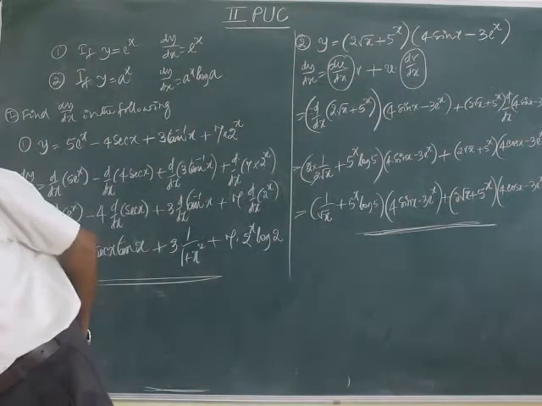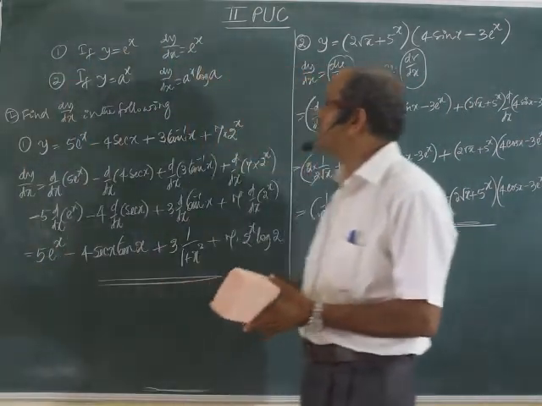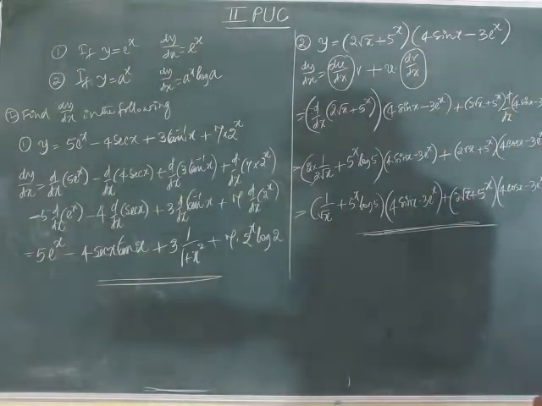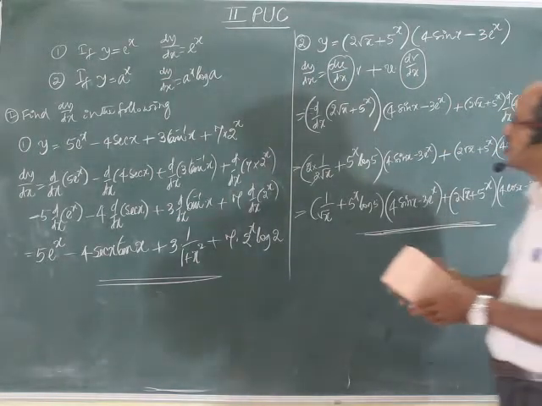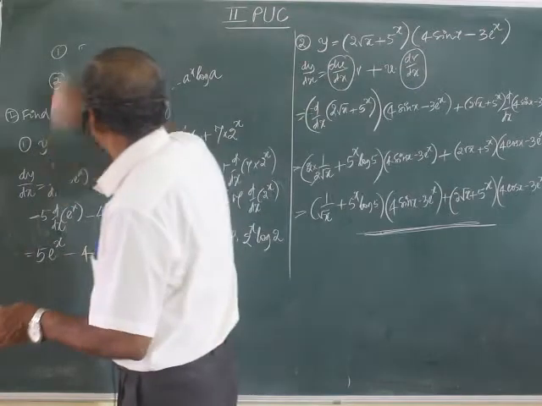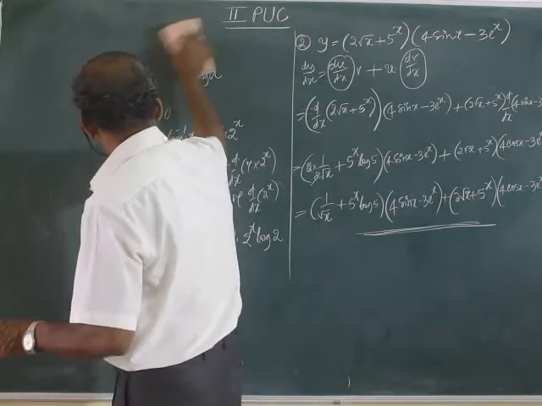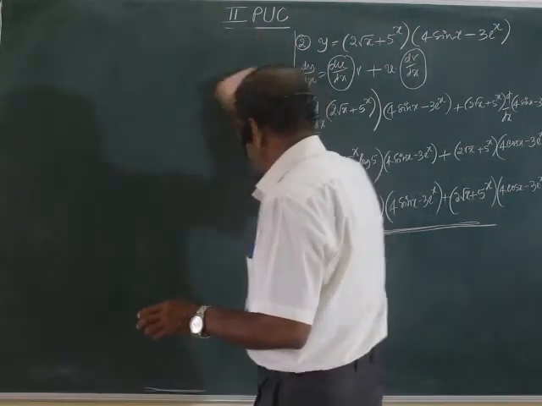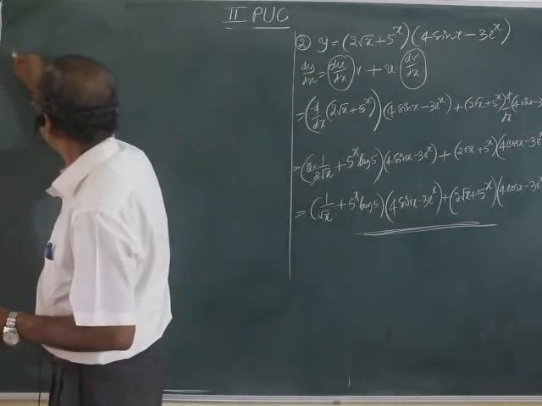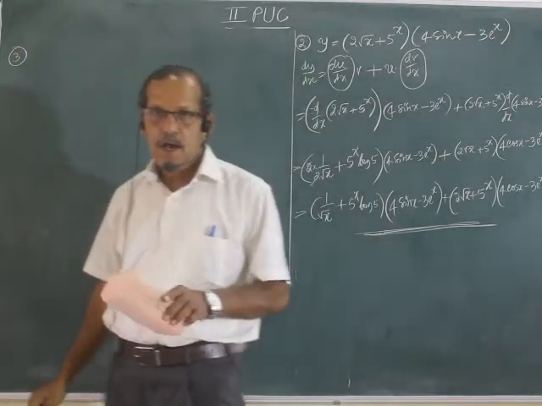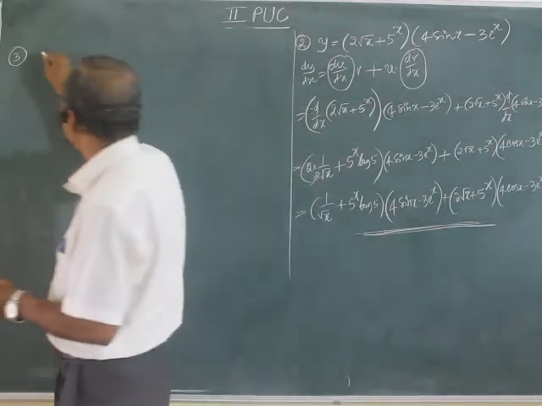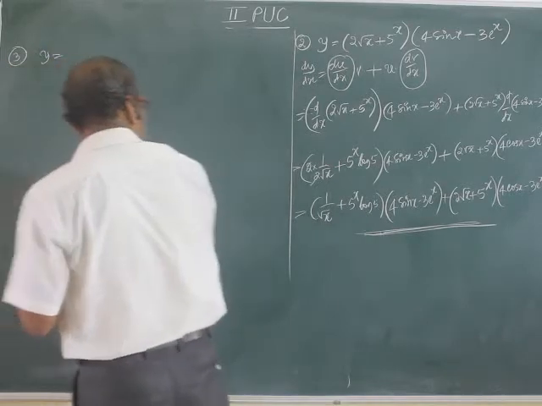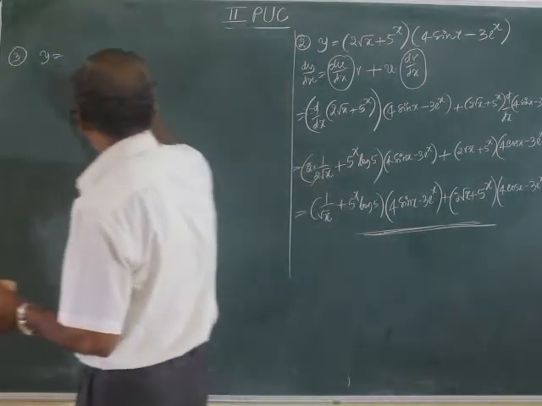Product formula in which you have taken e to the power x and a to the power x type problems. Problem number 3 is, y equal to quotient formula.